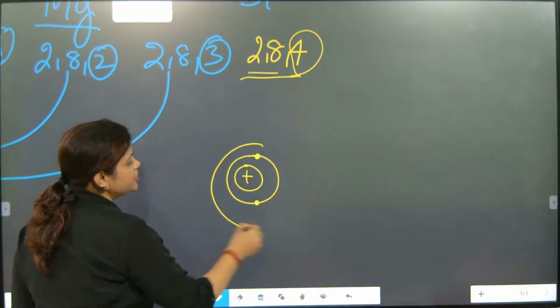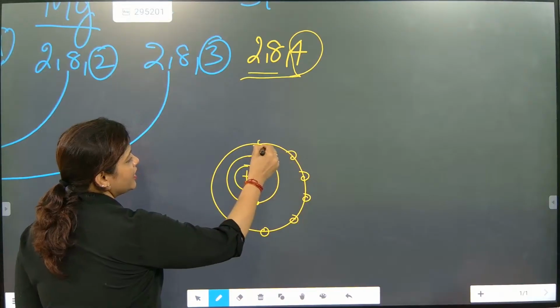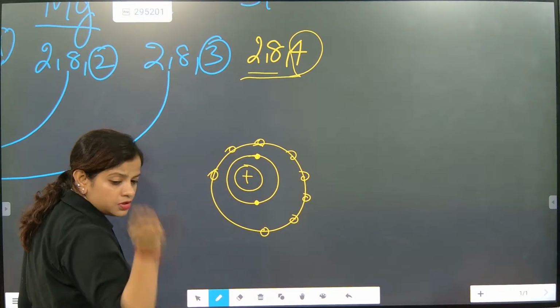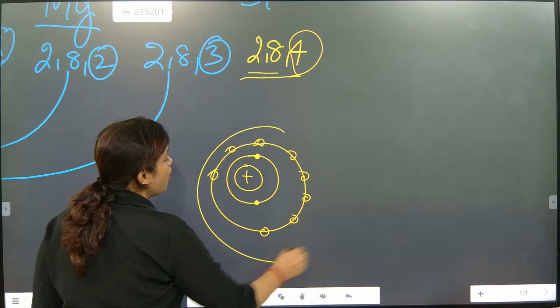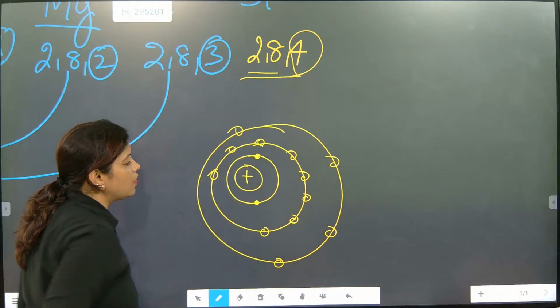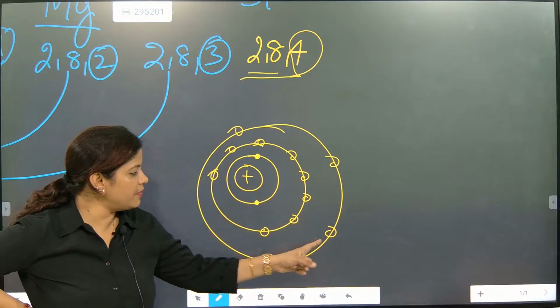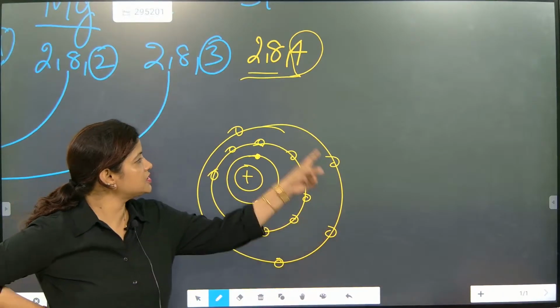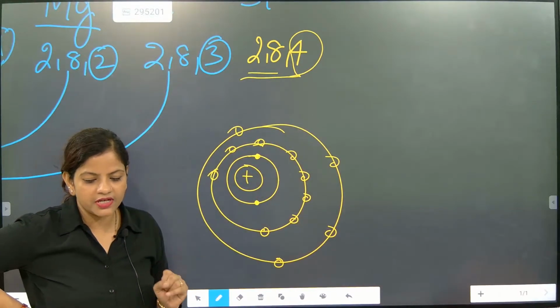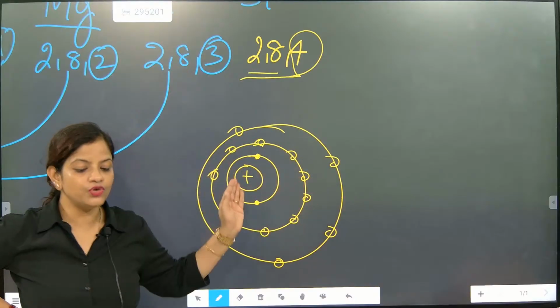Now, in the second bench you are having 8 students. 1, 2, 3, 4, 5, 6, 7, 8. Now, in the third bench you are having 4 more students. 1, 2, 3, 4. Now, because of these 2 and 8, you cannot be able to take care of the outer 4 electrons. Are you understanding? So these 4 electrons are there, or 4 students are there.